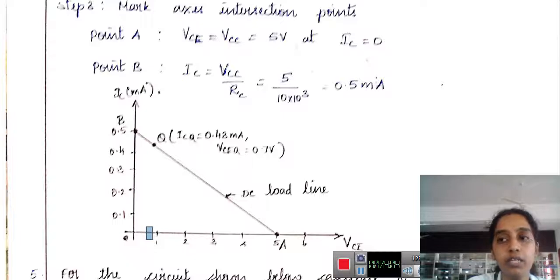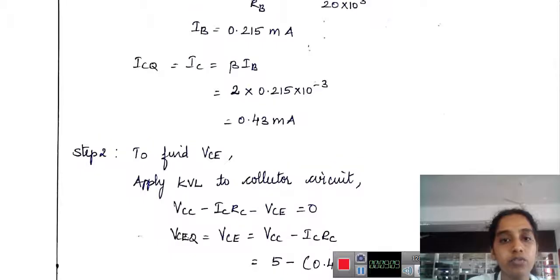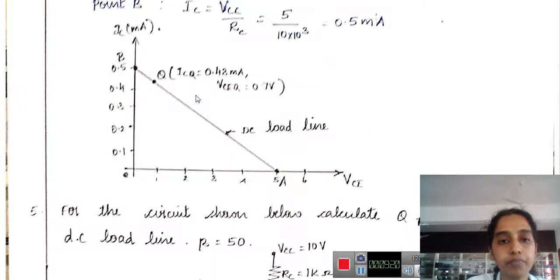Now we need to know ICQ. We have also found the value of IC or ICQ, and that comes to around 0.43 milliamp. It nearly takes this point. If you join the 0.7 volt and 0.43 milliamp, it comes nearly to this place, and this point is marked as the Q point or the operating point.